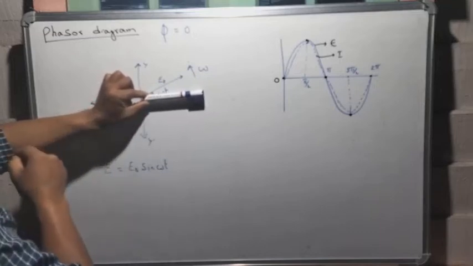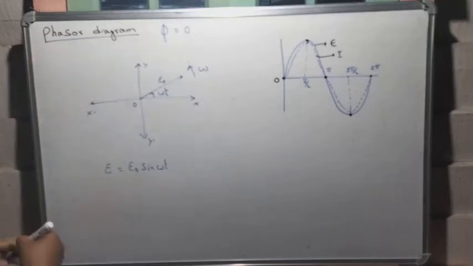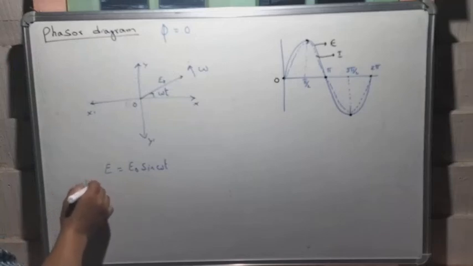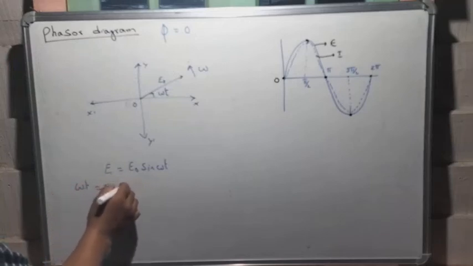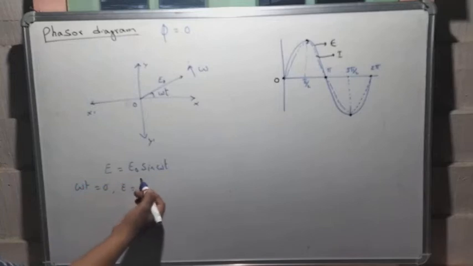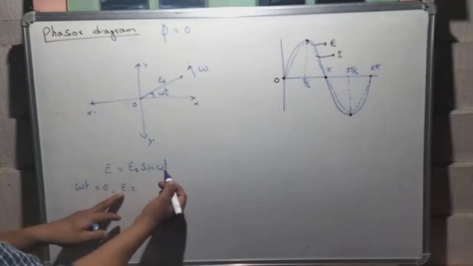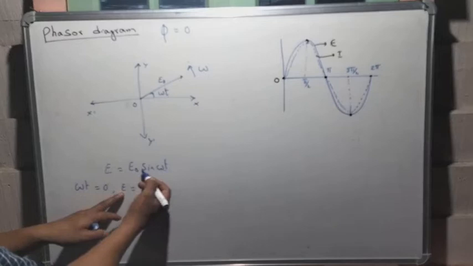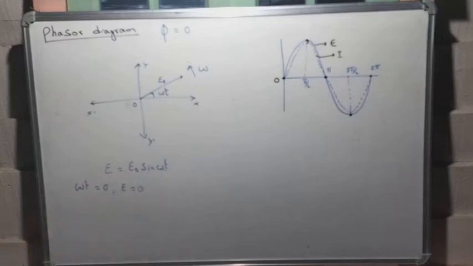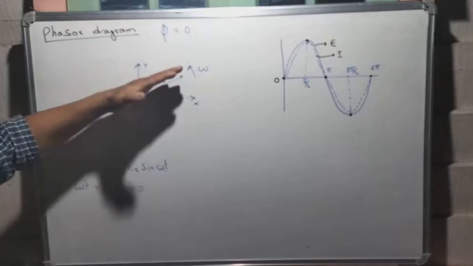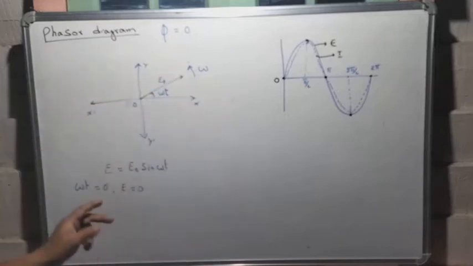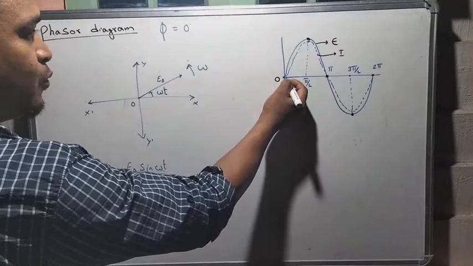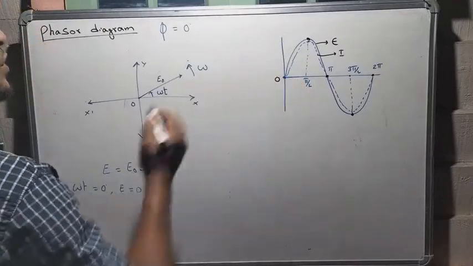So when omega t is 0 degrees, the value of the EMF is E equals E0 sine 0. Sine 0 is 0, so the EMF will be 0, which means when this vector is parallel to the x-axis, we have no EMF. So in the graph, this is the point when the angle omega t is 0.